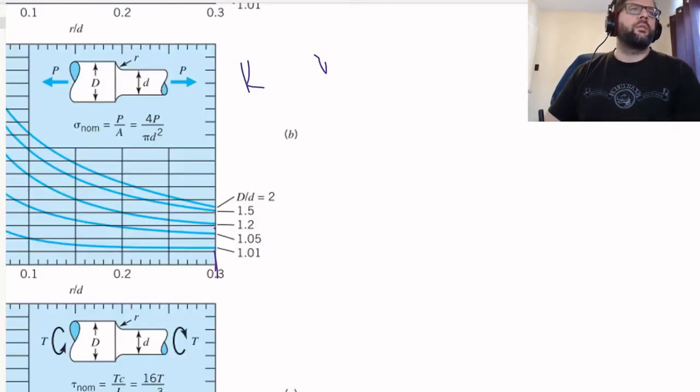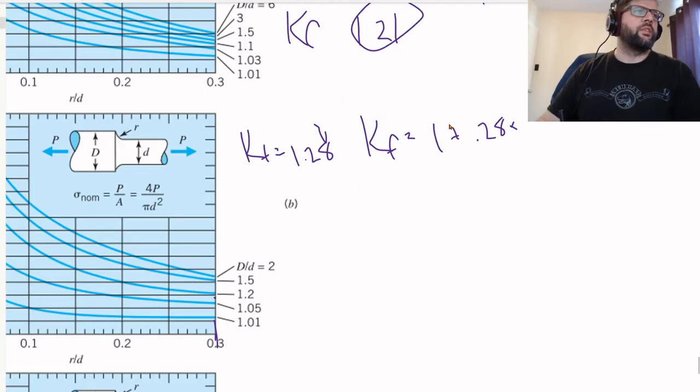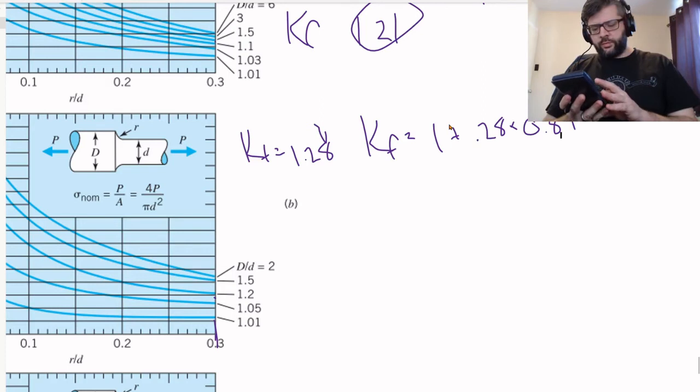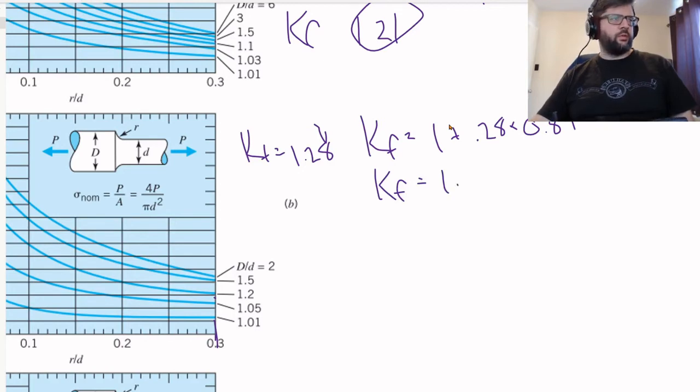KT is equal to 1.28, which gives us a KF is equal to 1 plus 0.28 times the Q value, which is 0.89. 1 plus 0.28 times 0.89. There we go. That's KF of 1.25.